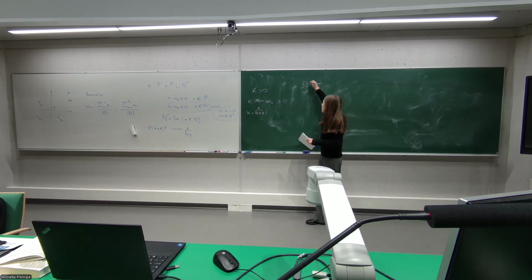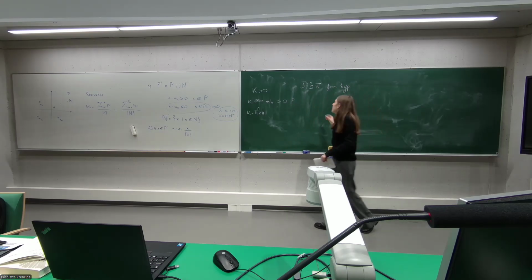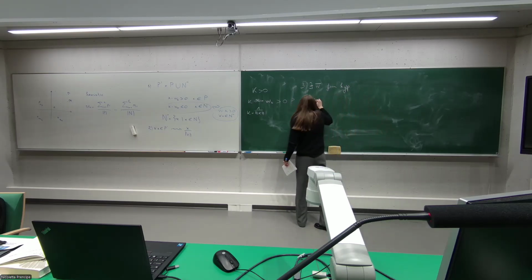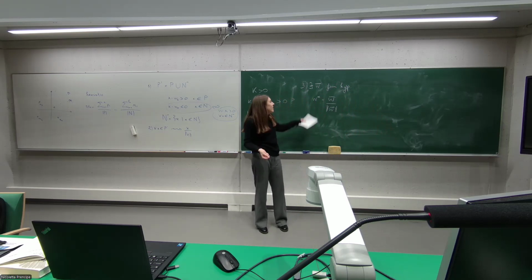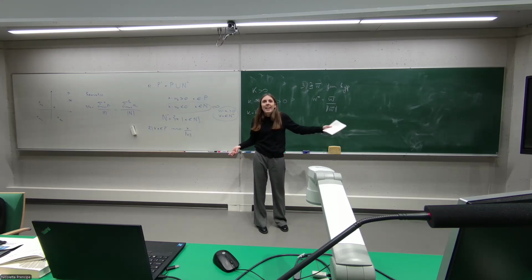It exists by hypothesis. So instead of taking W bar, I take W star, that means W bar divided by its norm. So essentially I take also this with norm 1. It exists, so I can do that. And it's not the zero vector W.